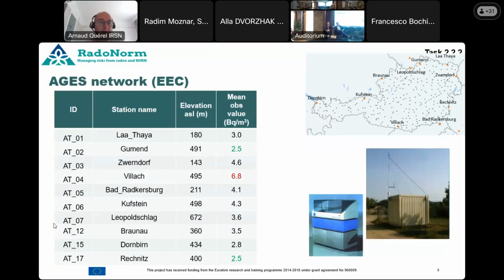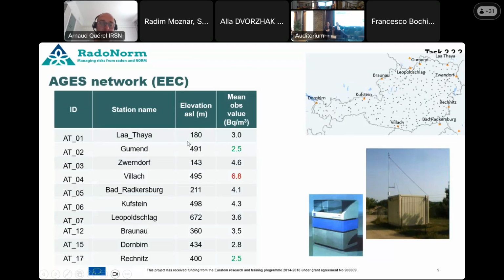As for the observations, we have used the AGES network radon observations. These are the 10 stations used to perform the comparisons. You can see here the map of the locations of the stations we use for this study.